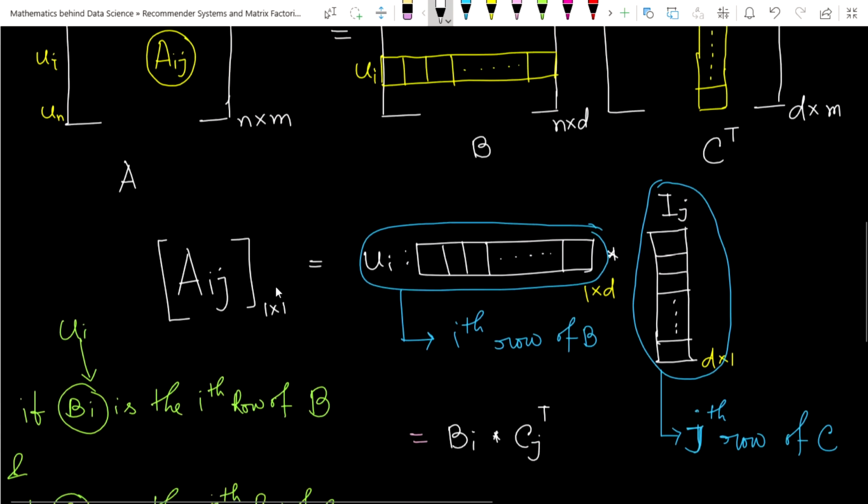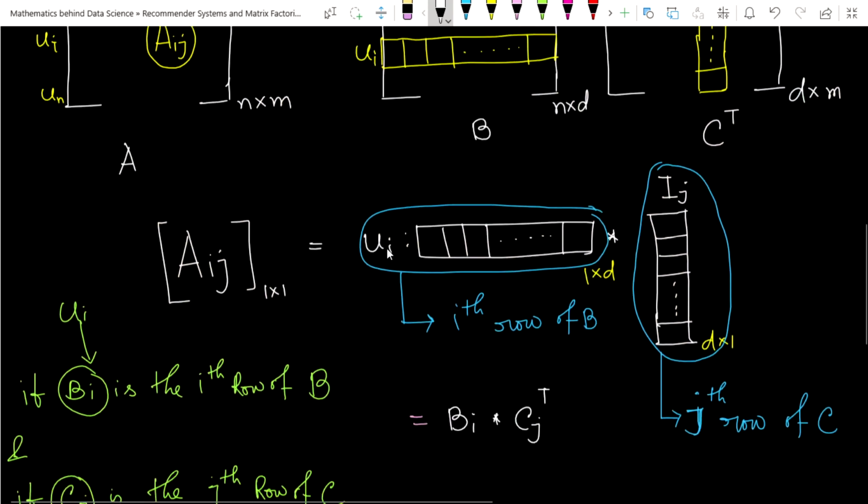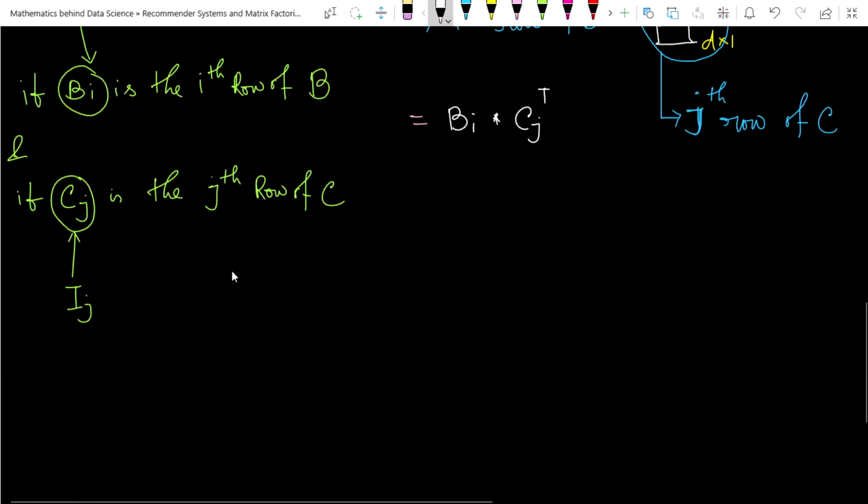Actually A is B into C transpose. These are the column vector representation and the row representation, so we have to use this Cj transpose. I think you got the idea. So if we finalize aij, we can write aij as bi into Cj transpose.